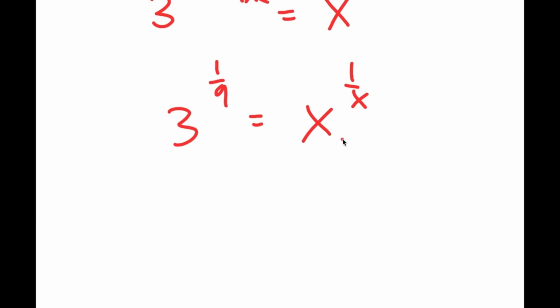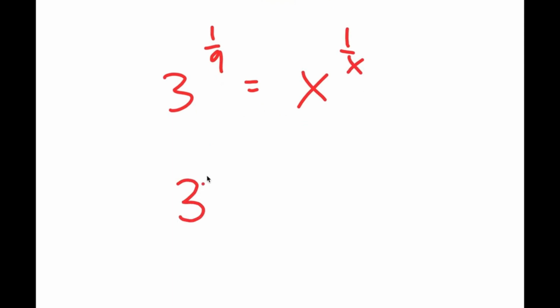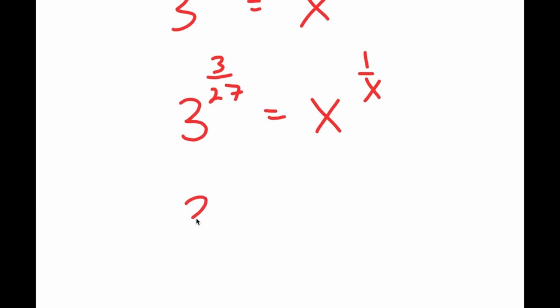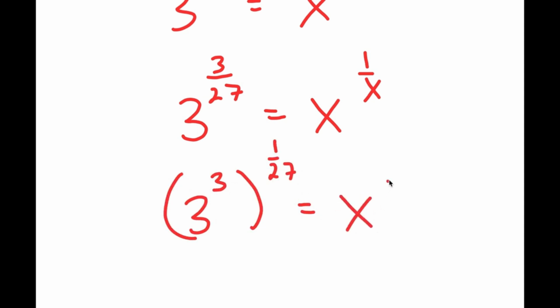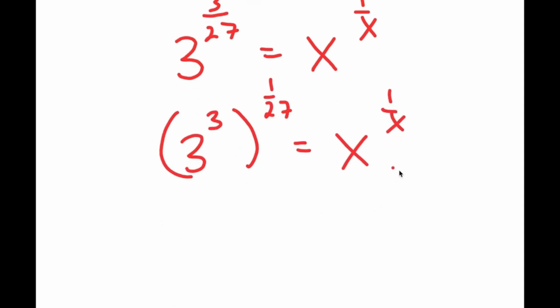Now, one over 9 is the same thing as 3 over 27. So now I can rewrite this as 3 to the power of 3 to the power of 1 over 27 is equal to x to the power of 1 over x.